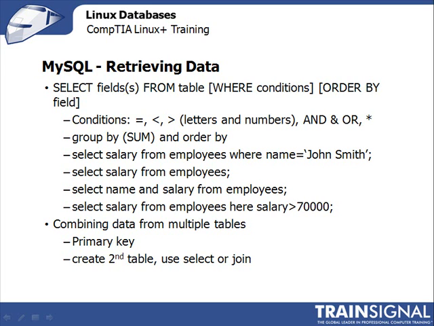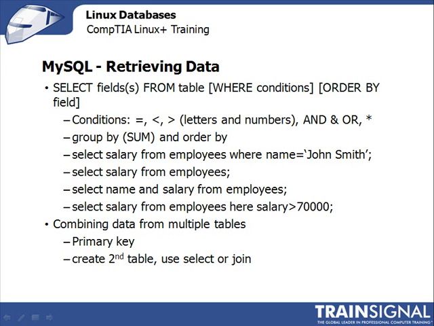Select again singles out the field or fields in the table. From specifies the table name, and with where you can indicate conditions for specific matching, like with an equal operator or by specifying a range. Order by lets you select the field by which to order your results.